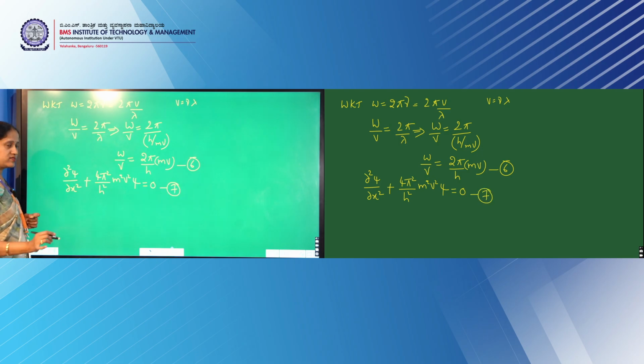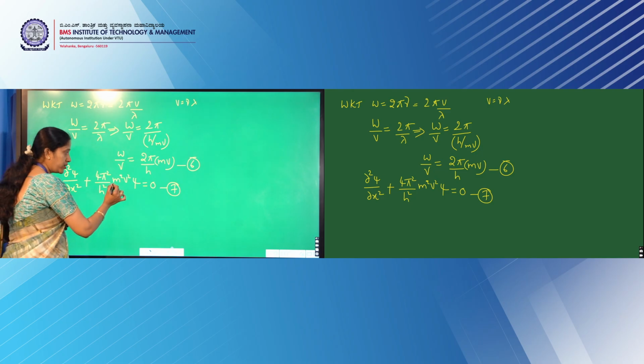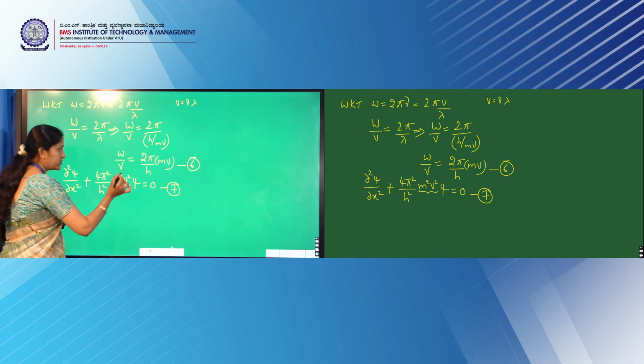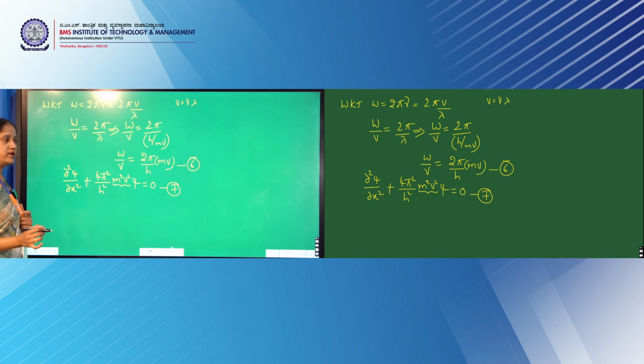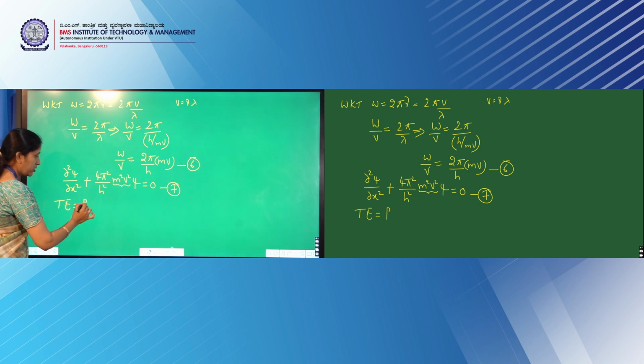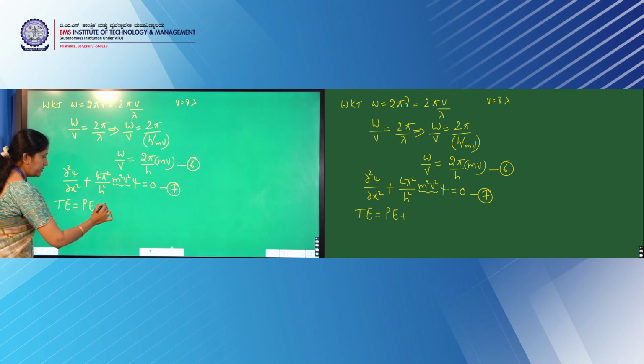And here at this point, in order to figure out what is the value of this m square v square, let us understand the total energy of the particle. The total energy of the particle can be considered as the sum of potential energy and the kinetic energy.